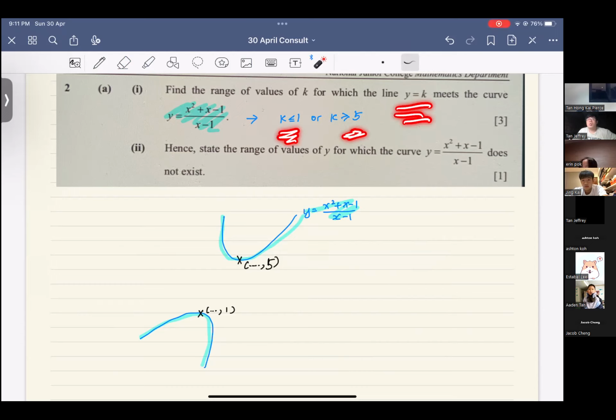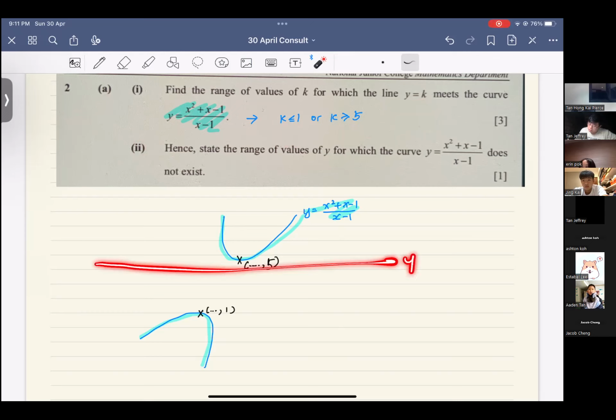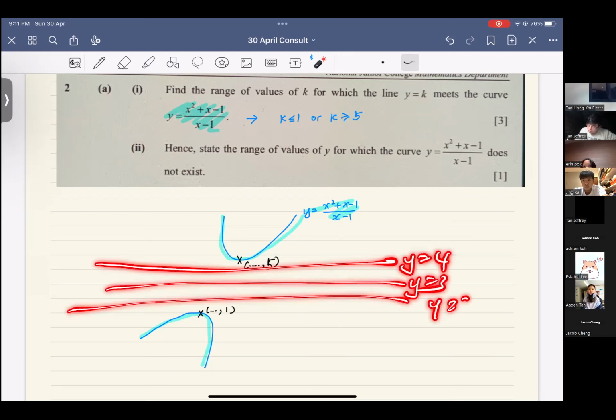Okay, so what does it mean? Part 2 is basically the opposite of part 1. If my lines are in this region, y equals 4, it will not meet. y equals 3, it will not meet. y equals 2, it will not meet. y equals 1.9, it will not meet.